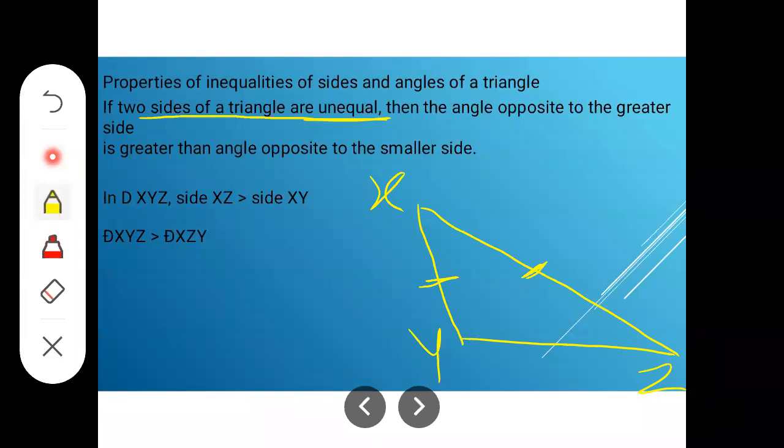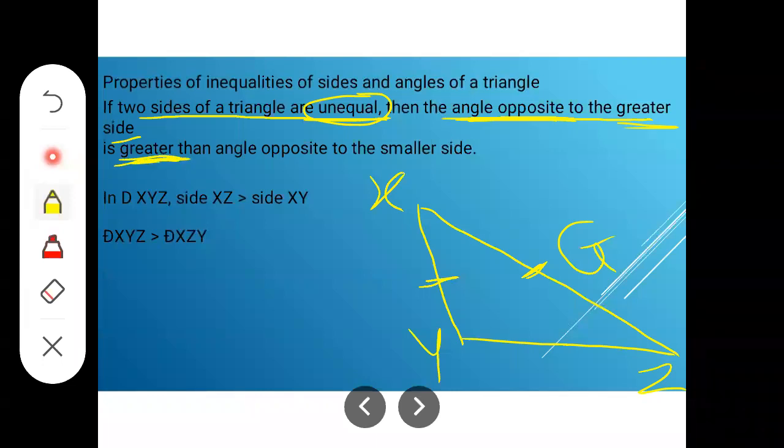The length is different for each one. Now, if the sides are unequal, then what happens? The angle opposite to the greater side is greater. Now, which side is greater? Means longer. This is the longer side. So, the angle opposite to the greater side is greater.